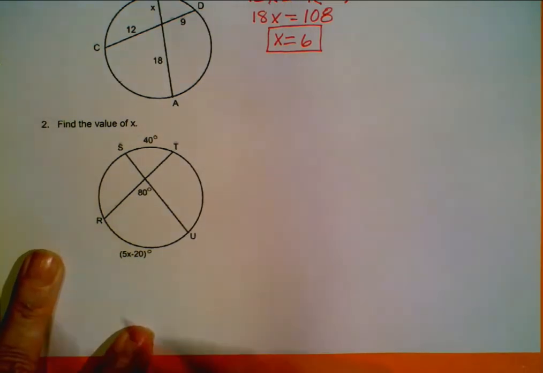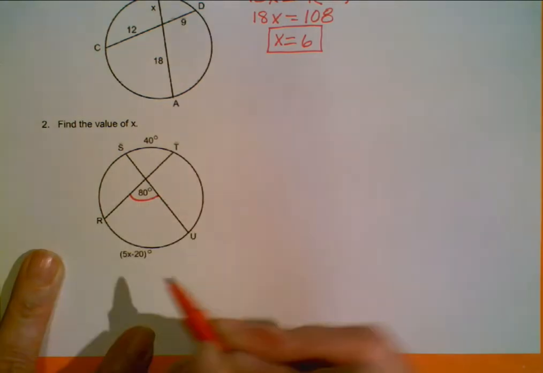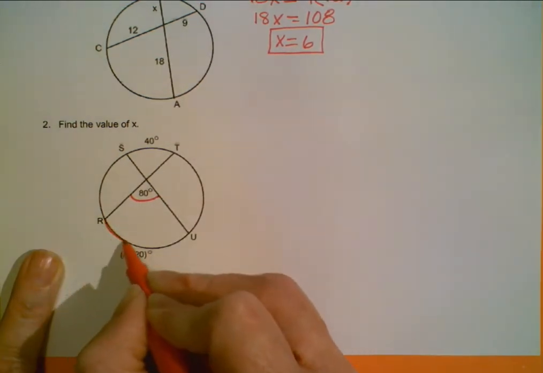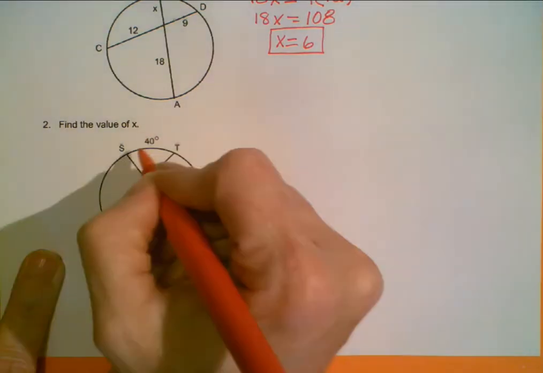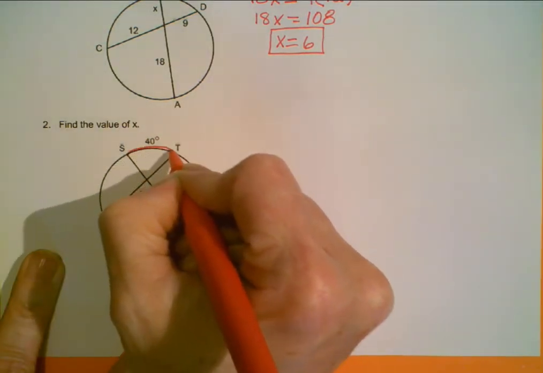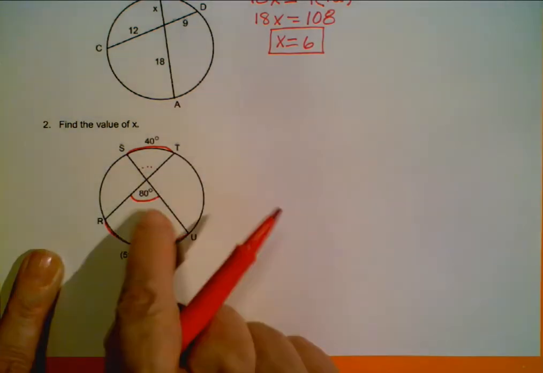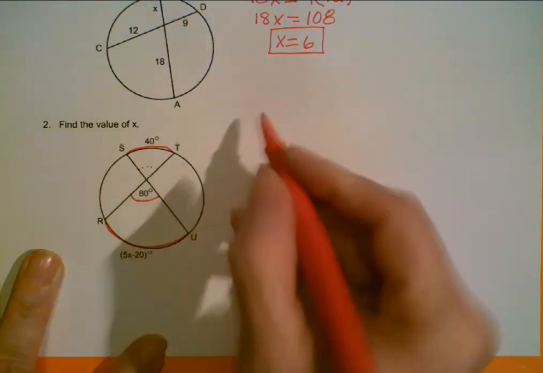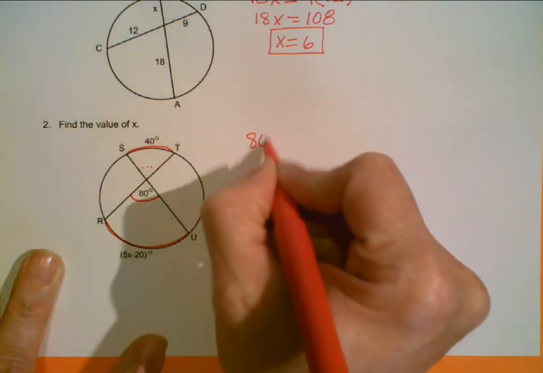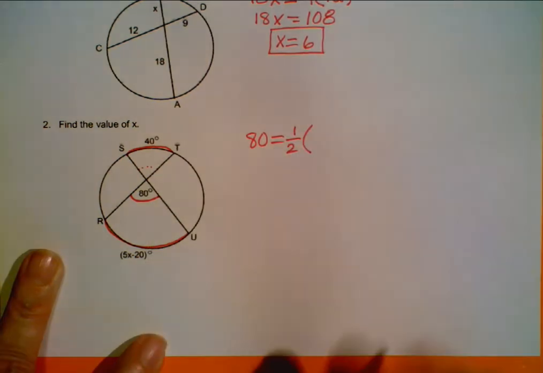All right, in this case, we can see that we have an 80-degree angle given here. Its intercepted arc, 5x minus 20, and the intercepted arc of the vertical angle. Remember, the vertical angle would be here. So according to the theorem up above, the measure of the 80-degree angle is 1/2 times the sum of the two arc measures.